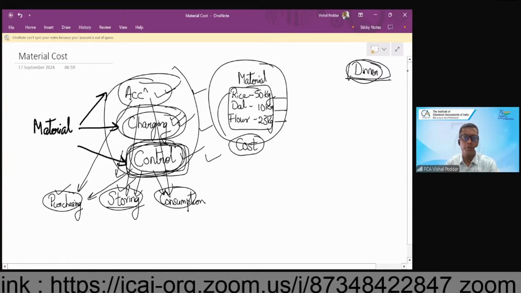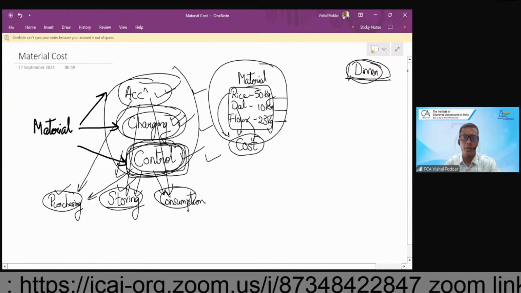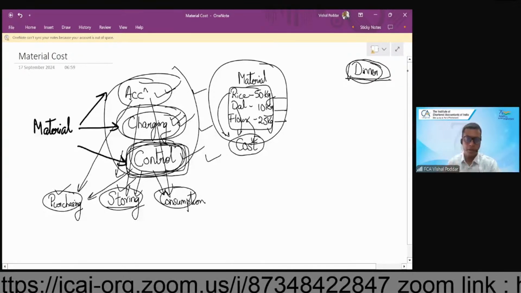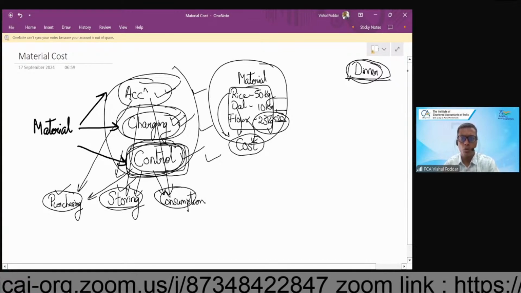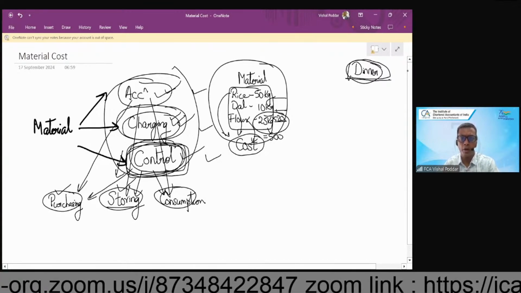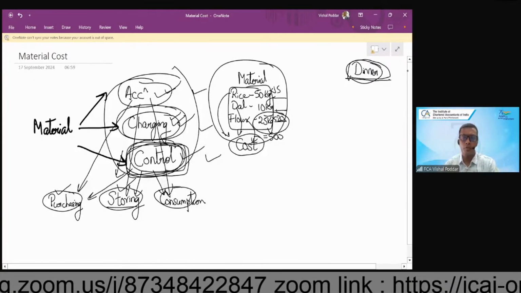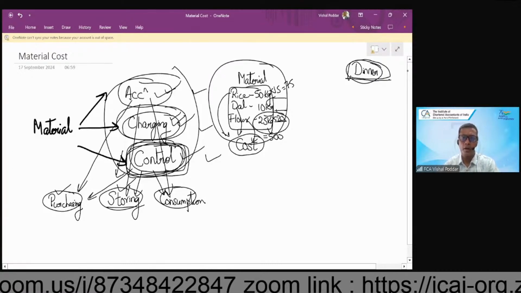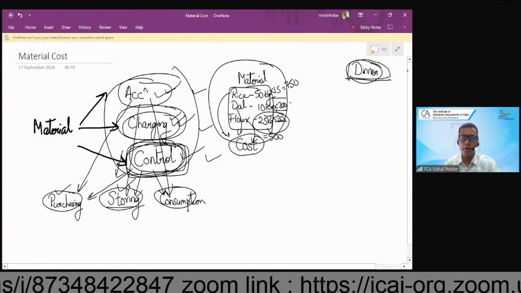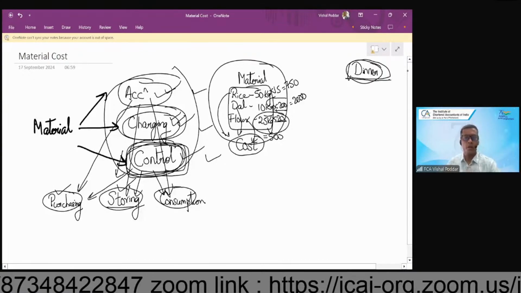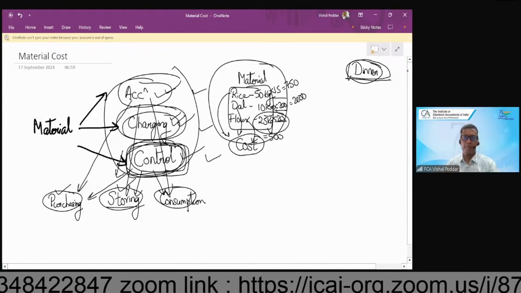So that is my cost of rice, that is my cost of dal, that is my cost of wheat flour. Simple. Now, out of this total cost, let us say this is into 20, so the cost of wheat flour is 500. Let us say this is into 15, so the cost is 750. Let us say dal is rupees 200, so the cost is rupees 2000. Now this cost I've already incurred.